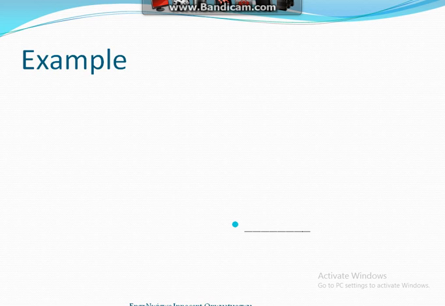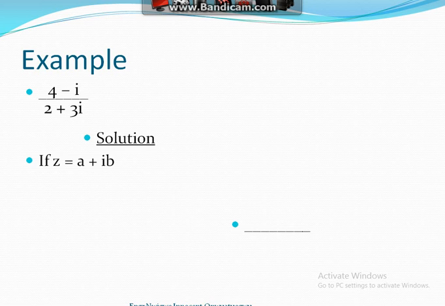Example, if you have the expression 4 minus i all over 2 plus 3i. Solution, since we want to eliminate the complex number at the denominator, we find the conjugate of the denominator. The conjugate of z equals a plus ib is a minus ib.